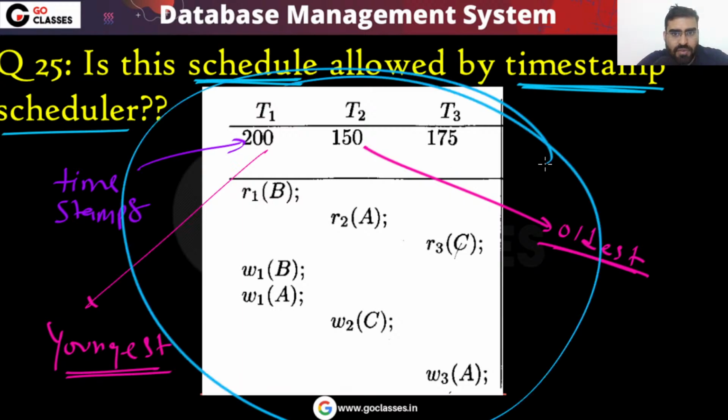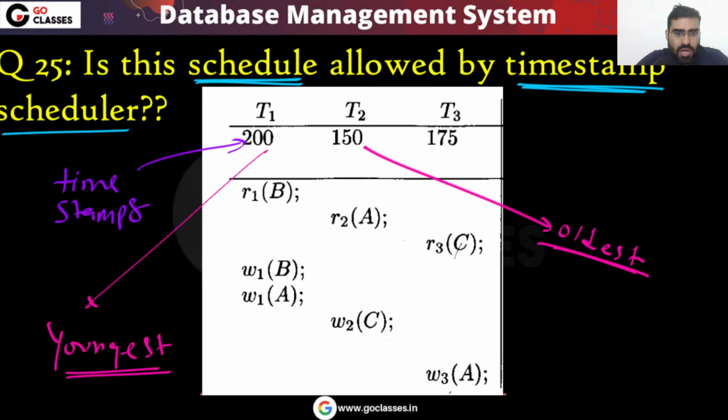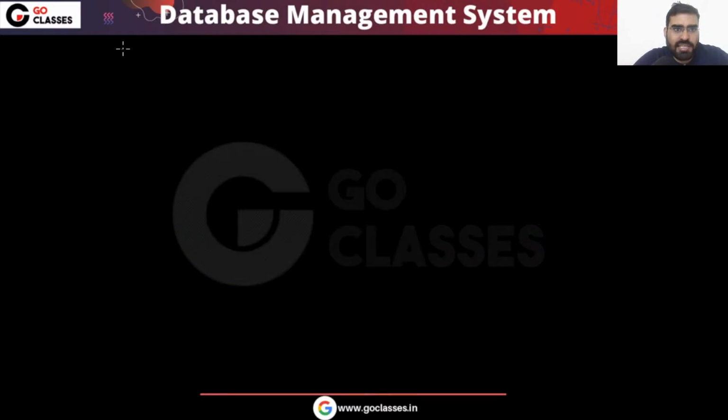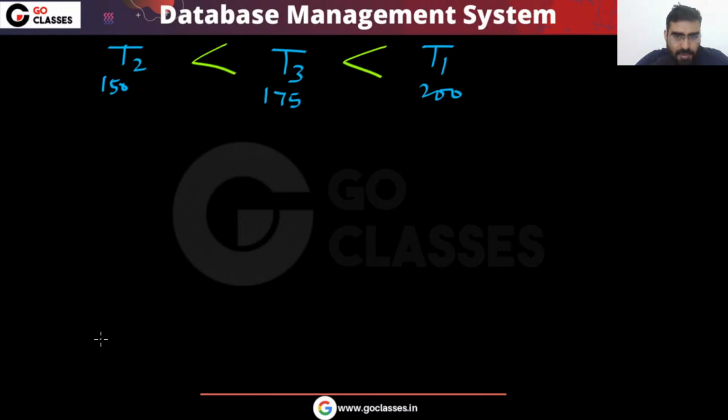But you are very comfortable if I write like this: T2 is 150, then T3 is 175, and then T1 is 200. You are very comfortable with this order, right?